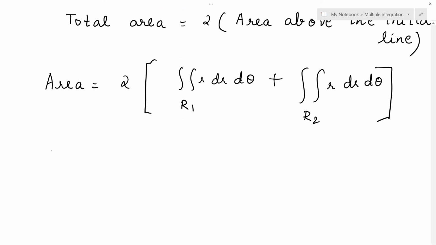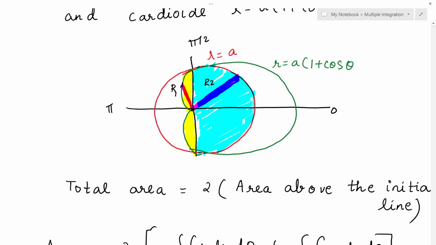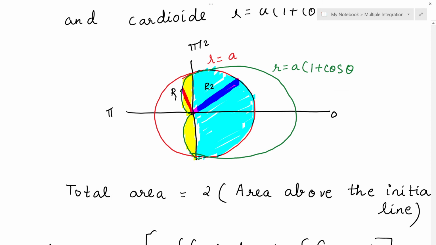Now let's find the limits for R1 and R2. Let's see R1 first. Region 1, if you travel in the anti-clockwise direction, goes from pi by 2 to pi.